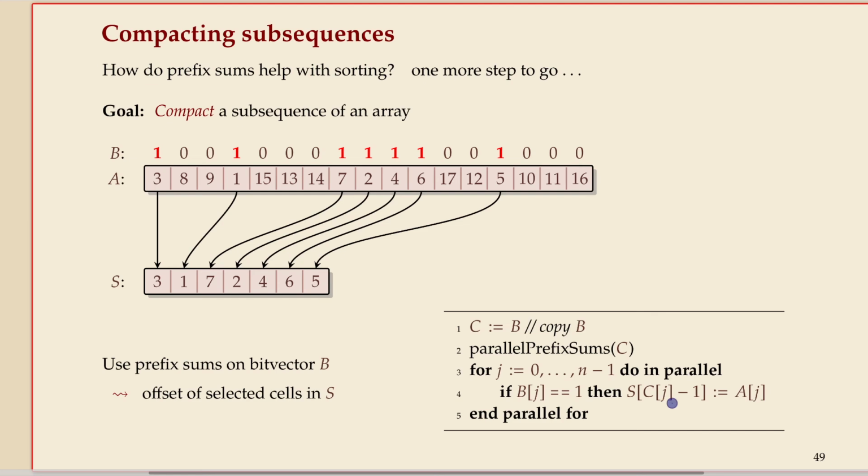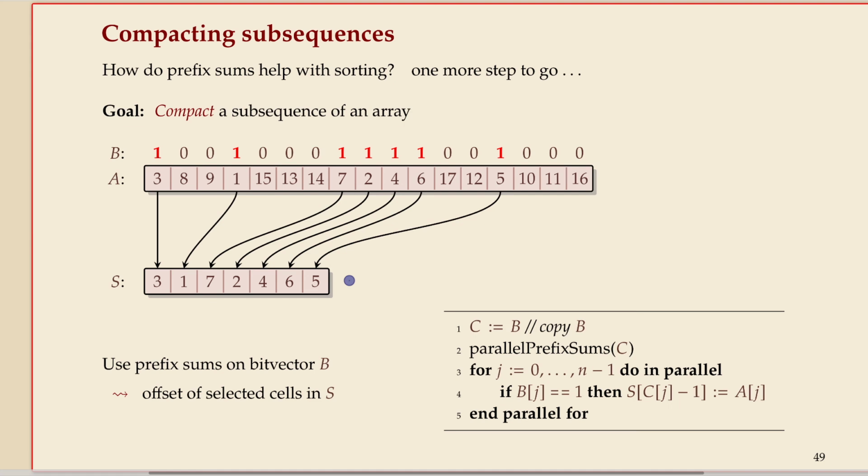Well, it's the number of other elements before you that have a 1. And that is the prefix sum in C. Okay? So that's the real use for prefix sums in sorting, at least. We want to be able to do this step. Go from this array where you have some positions marked to another array where you just copied out only the marked elements.